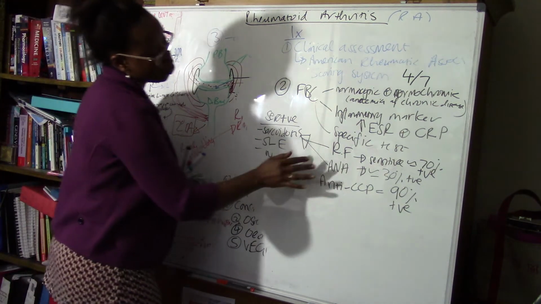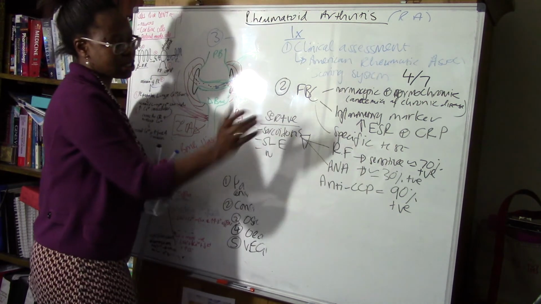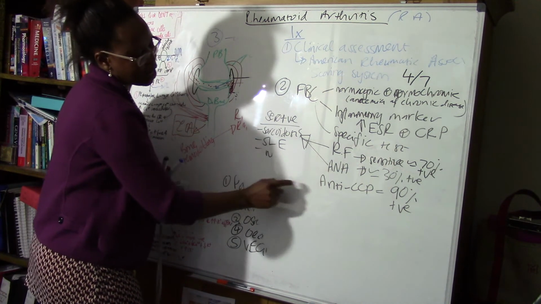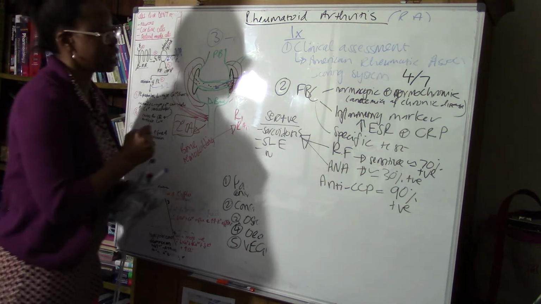So although it is tested because it is sensitive for the disease, it is actually non-specific, and anti-CCP is, however, specific for rheumatoid arthritis.